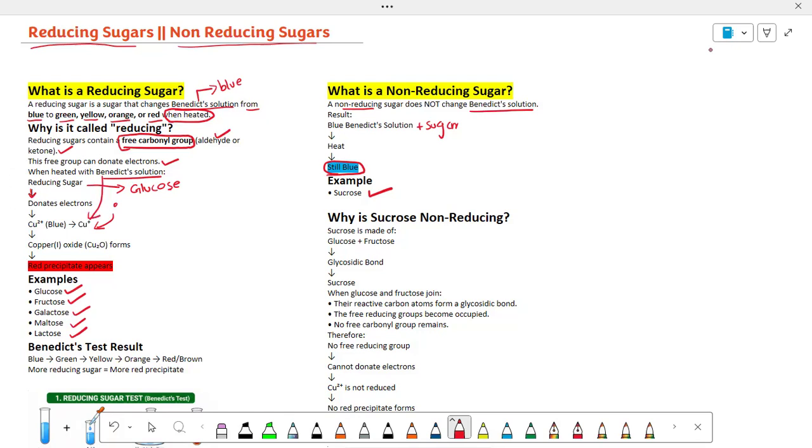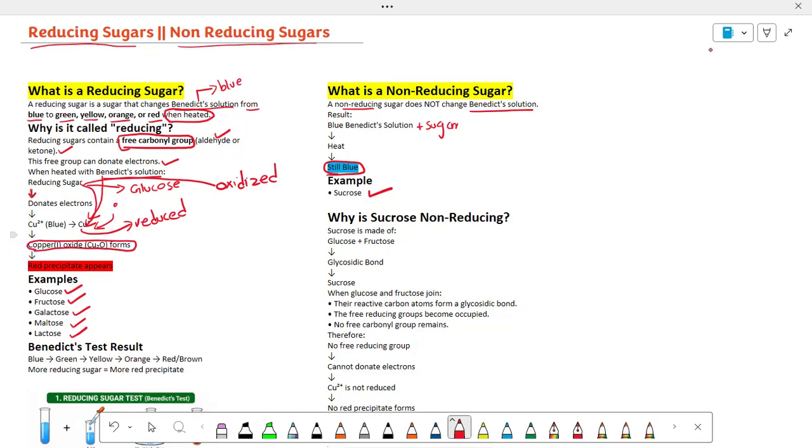So the reducing sugar donates electrons to the copper present in the Benedict's solution, and the copper becomes reduced. So basically, reducing sugars are oxidized themselves and reduce the other ion. Like here, it reduces the copper. And it forms copper oxide.